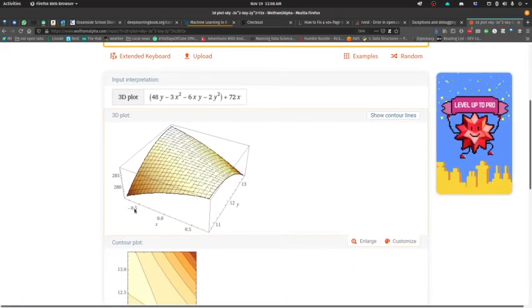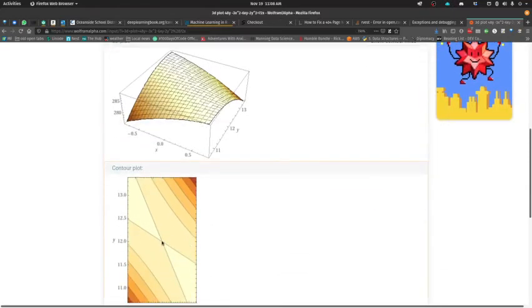So here we can see 0 and 12, right? So we've got this point that we're looking at right here. And we can see that it's getting higher as we go up and to the left or down and to the right. So although we can see that along a slice of the x dimension, it looks like a parabola, and a slice along the y dimension, it looks like a parabola that's opening down.